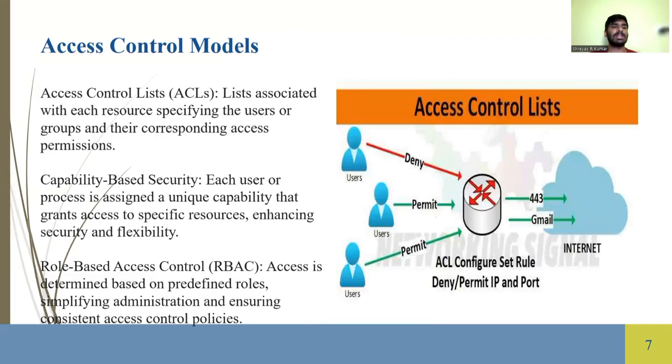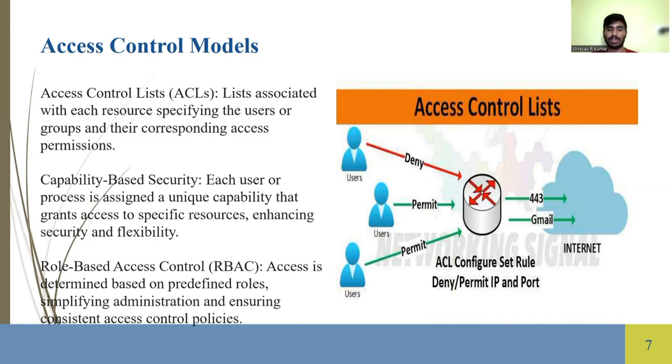Now let's see what the access control models are. Access control lists: lists associated with each resource specifying the users or groups and their corresponding access permissions. Capability based security: each user or process is assigned a unique capability that grants access to specific resources, enhancing security and flexibility.